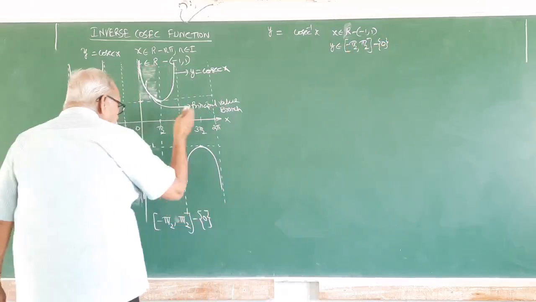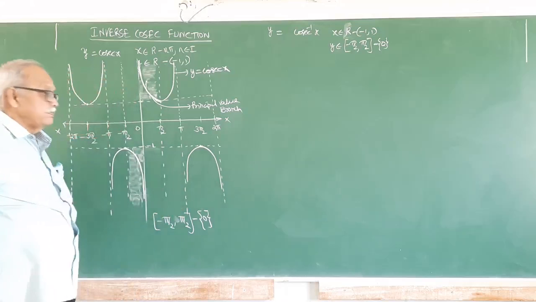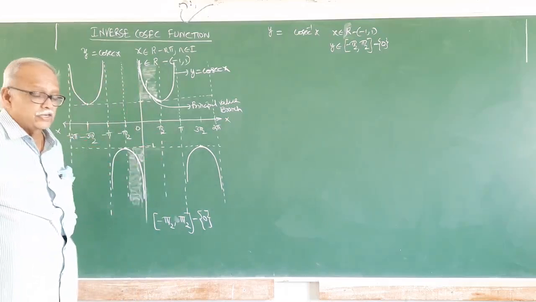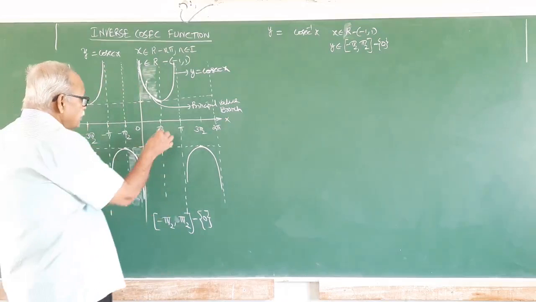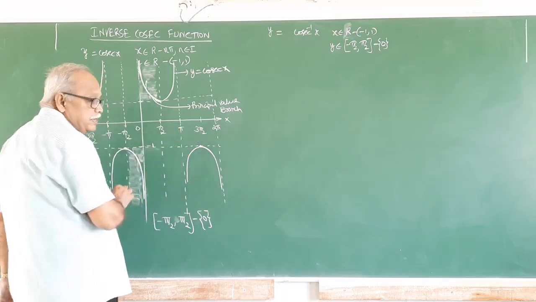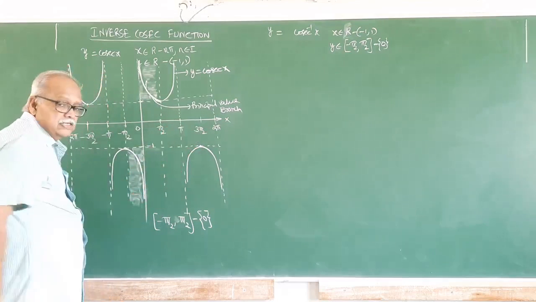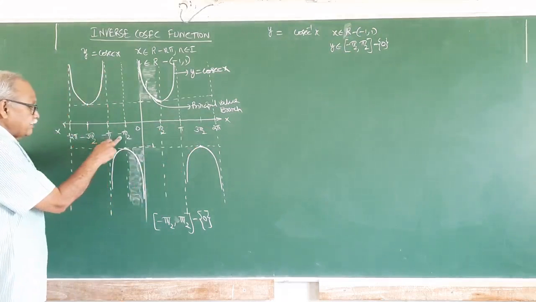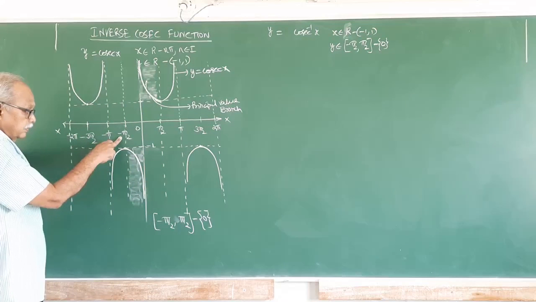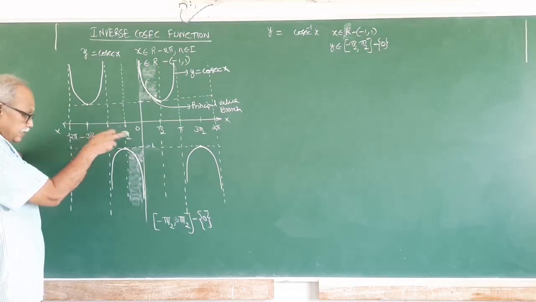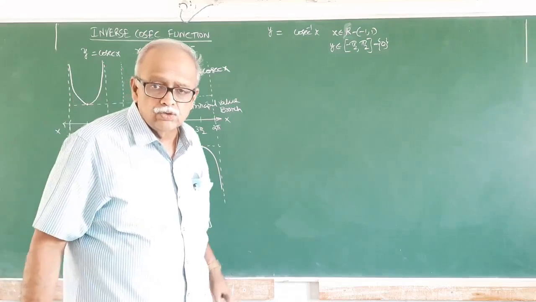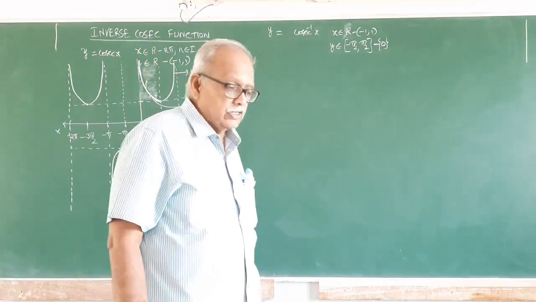Here, what are the other intervals where cosecant x behaves as 1 to 1 and onto function? Very simple. You see, pi by 2 to minus pi by 2 minus the set pi. And here, minus 3 pi by 2 to minus pi by 2 minus the set minus pi. In these intervals also, cosecant x behaves as 1 to 1 and onto function.